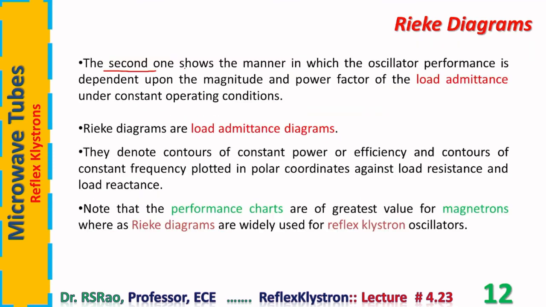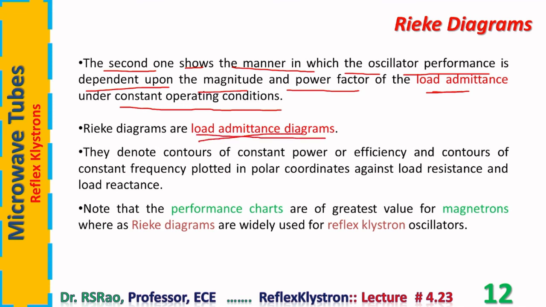The second one shows the manner in which oscillator performance is dependent upon the magnitude and power factor of load admittance under constant operating conditions. Here, operating conditions mean voltages and currents. Rieke diagrams are basically load admittance diagrams. So they describe the performance dependence on load admittance.